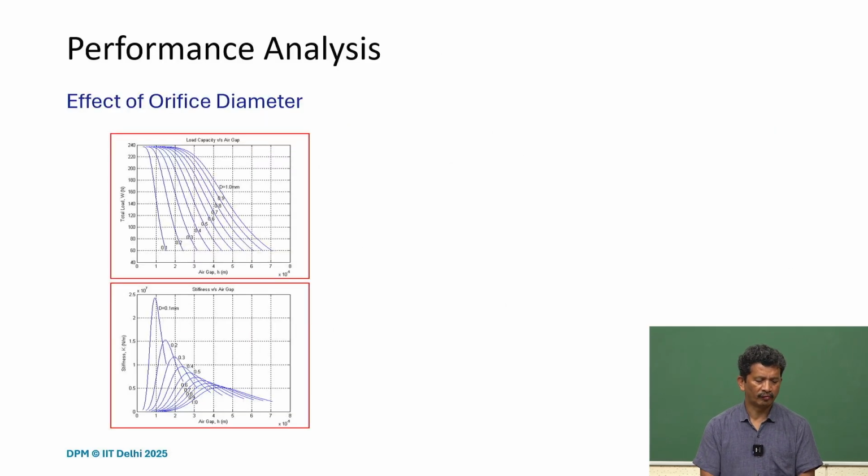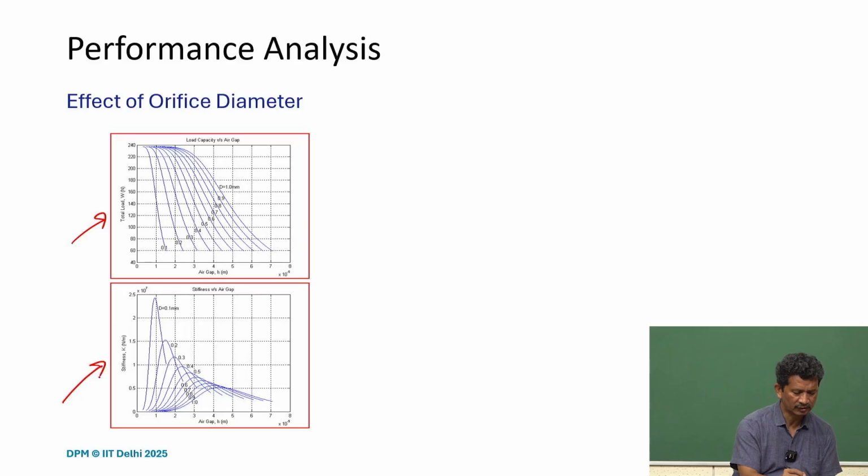Once it's set up and we have the mathematical model, the good thing is we can vary different parameters and see their effect. Particularly in this case, what we are looking at is the load, and this is the stiffness.